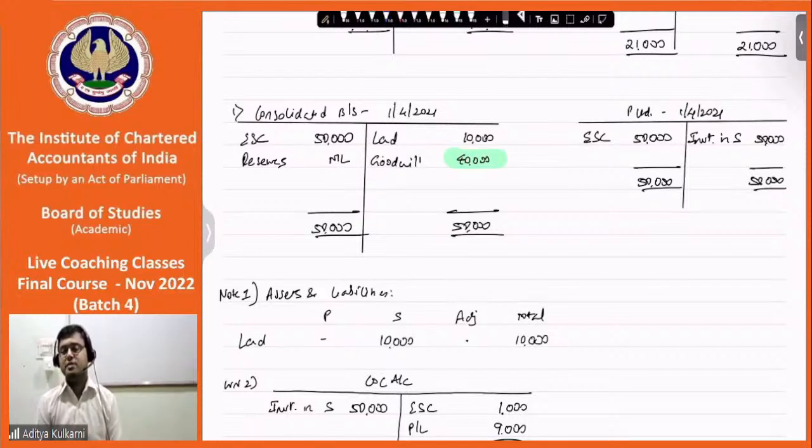Goodwill of NCI would mean that NCI has created some goodwill. NCI has not created any goodwill. This is the goodwill arising on account of consolidation. This goodwill is attributable to two parties, one is the parent, another is the NCI. And that is why we show it separately and total it up in the balance sheet as full goodwill.